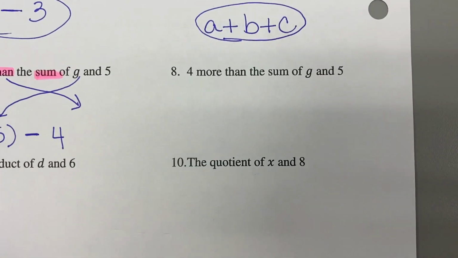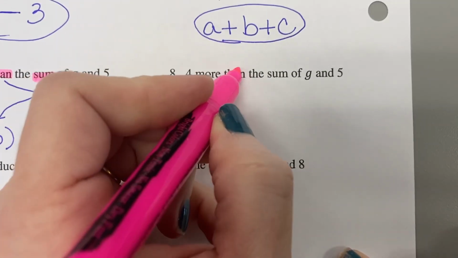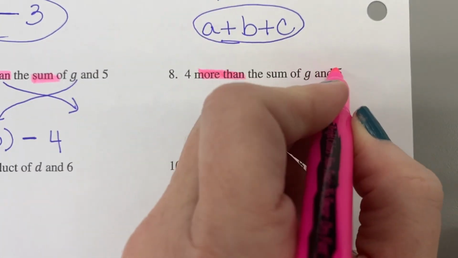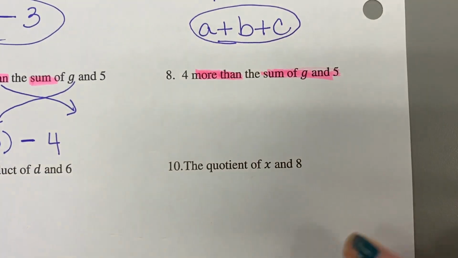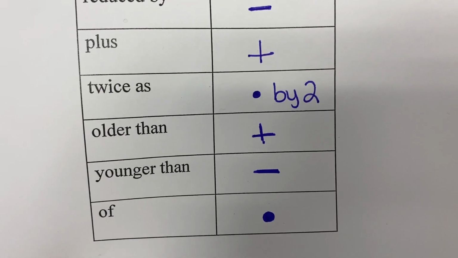Okay, number 8. 4 more than the sum of G and 5. Did we have more than? I don't actually think I had more than on here. I have older than.